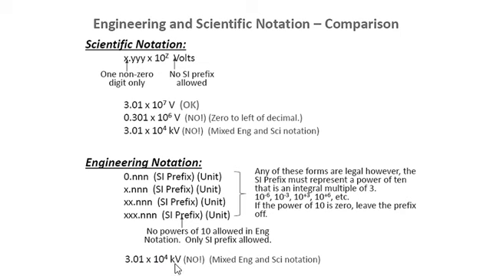If you want to just show the SI prefixes, you can also do that, but don't mix them like this. Even though a lot of people do that, don't do it. Right now you know about the scientific and engineering notation, so it would be better you don't mix them up.